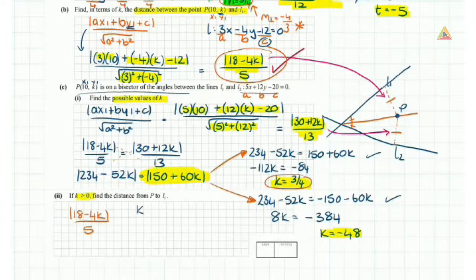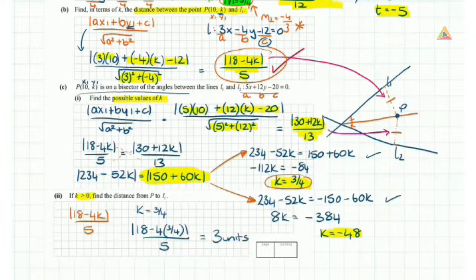And we're letting k equal to the positive value that we got in part C, part 1, which is 3/4. So it becomes the absolute value of 18 minus 4 times 3/4, and we get 5 on the bottom. Yeah, so we're just throwing that straight into the calculator, and your answer should be 3 units.